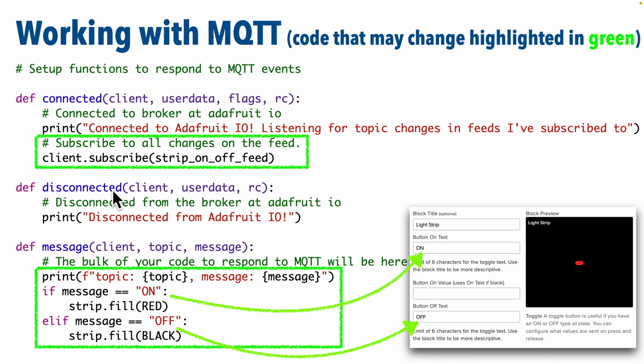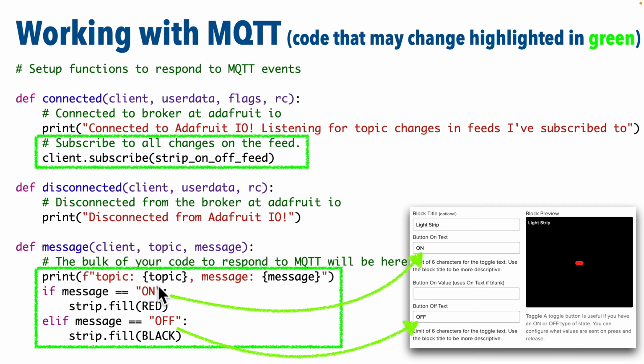Now this next function that we have here, disconnected, is going to be called when we disconnect from the broker. We just print a message to the console so we know that that happened. Again, you shouldn't need to change this code in any future code that you write. And the message function down here is called when we receive a message from the broker. You can see I've highlighted this area in green, which is specific to our program.